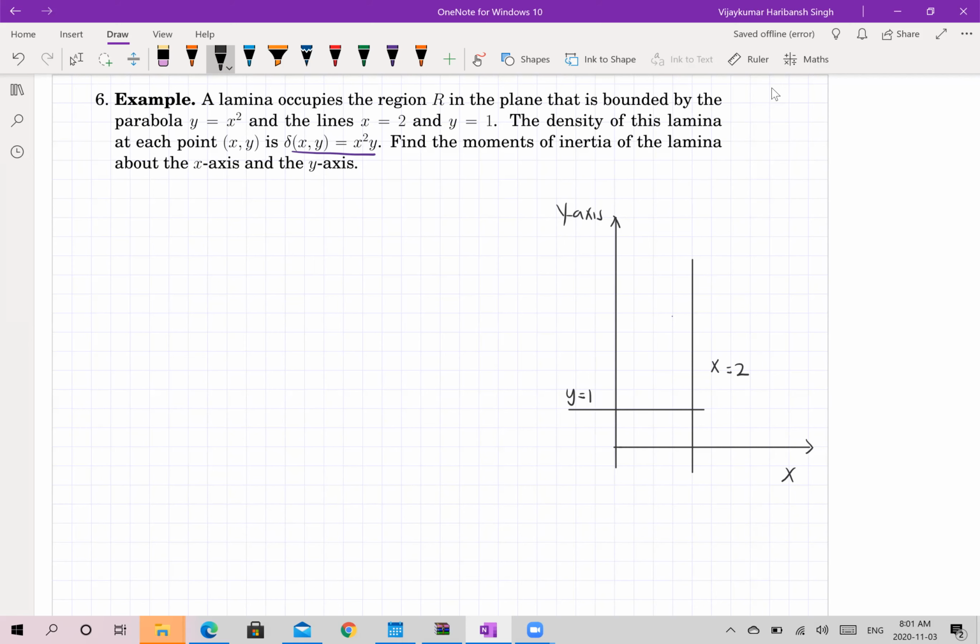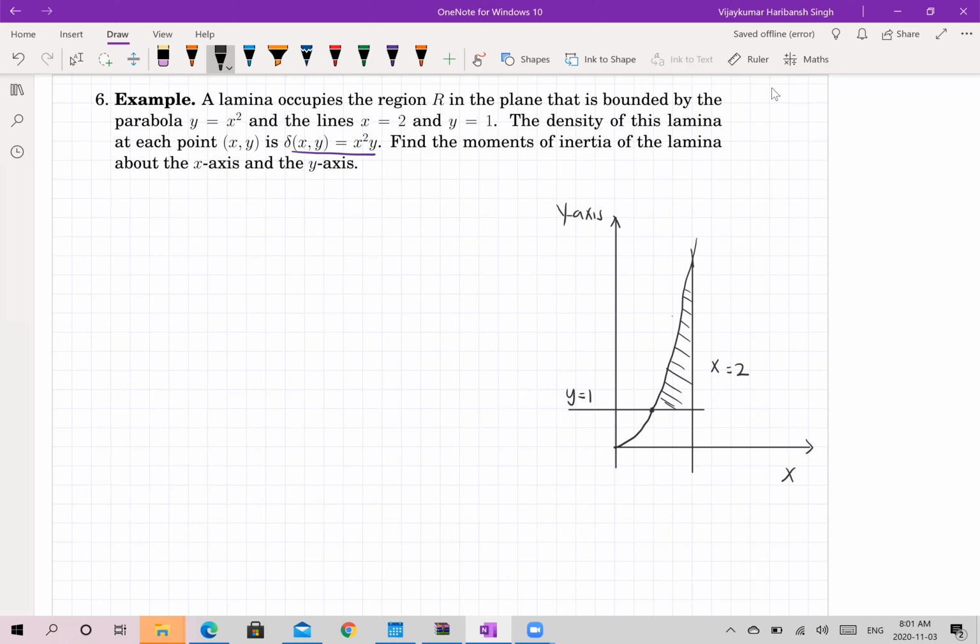And the other one is a parabola, y equals x squared, and since we are only interested in this part of the parabola, 1, 2. So this is our region we are interested in.